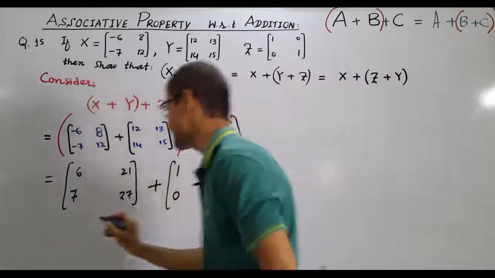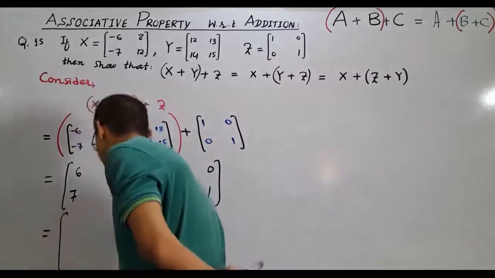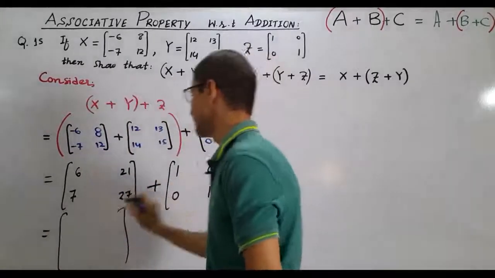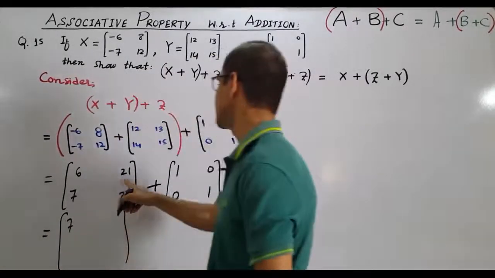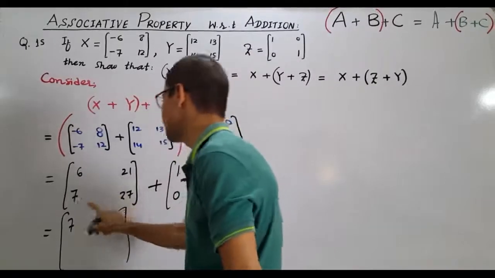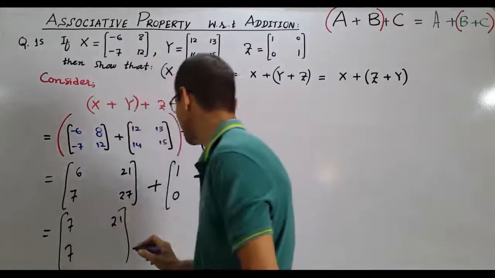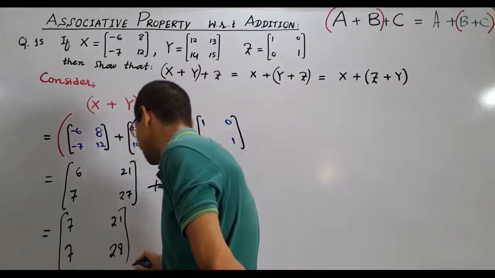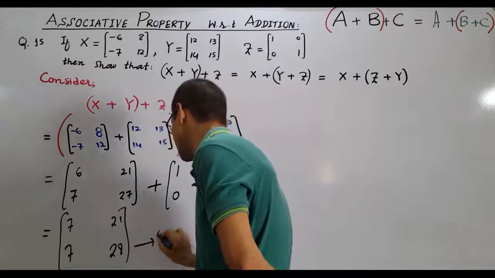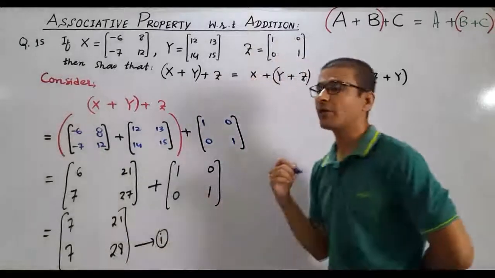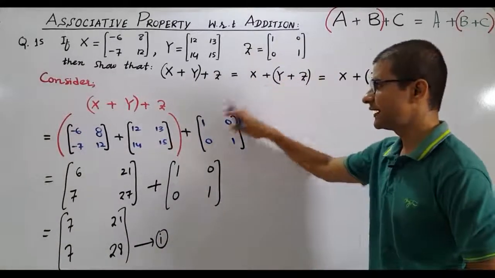Now add these two matrices. 6 plus 1 is 7, 21 plus 0 is 21, 7 plus 0 is 7, 27 plus 1 is 28. Say equation 1.